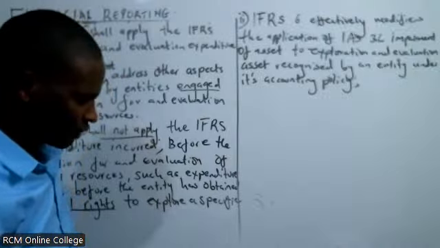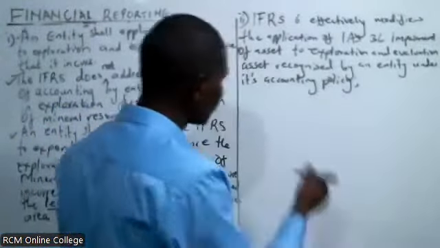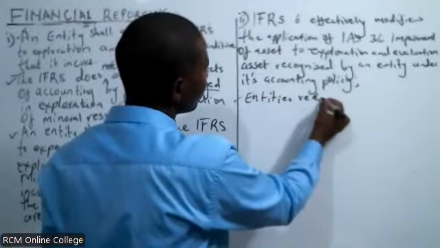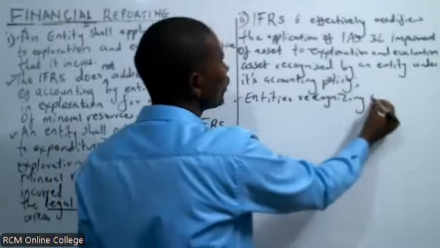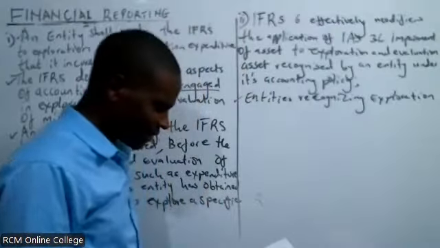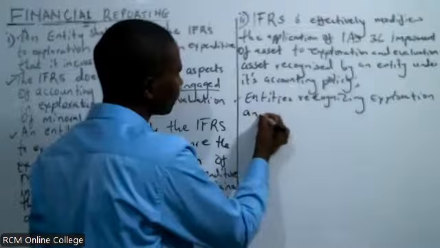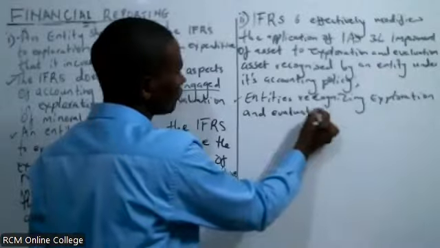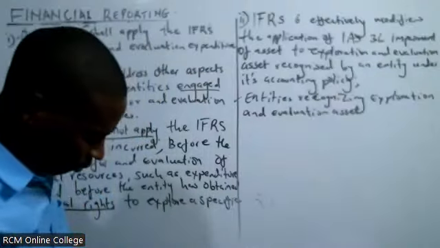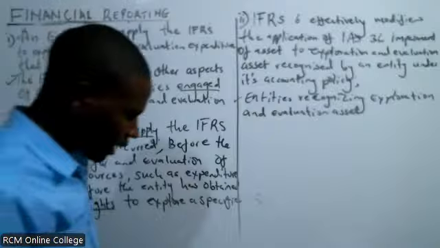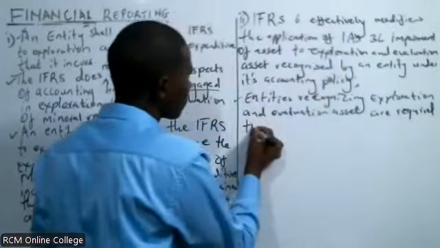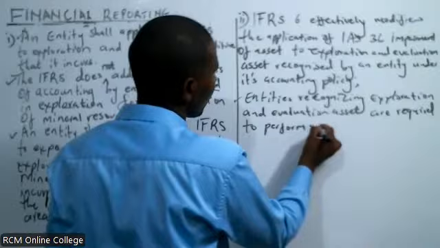So maybe to be specific, we can say that entities recognizing exploration and evaluation assets are required to perform an impairment test.